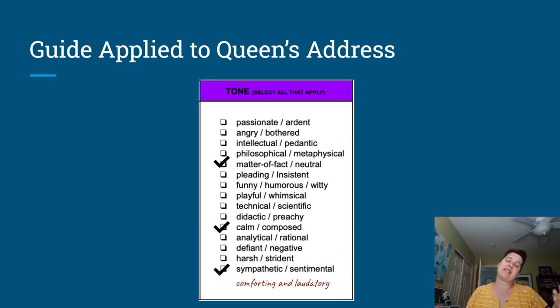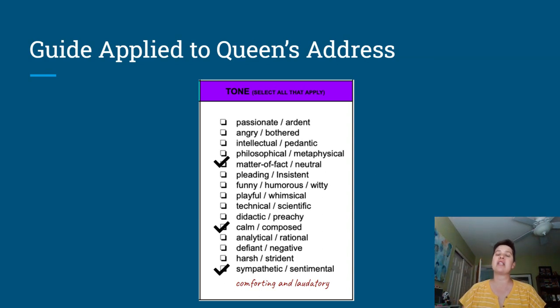So she reminisces that this is not the first time that she has had to do something like this, that this had to be addressed back in the 1940s, and that she now finds herself doing it again. She is very comforting, and she also is very laudatory.